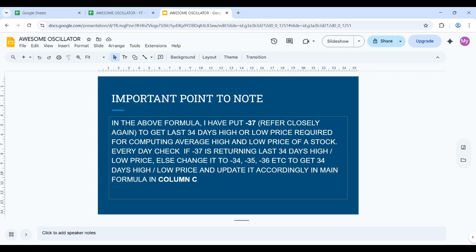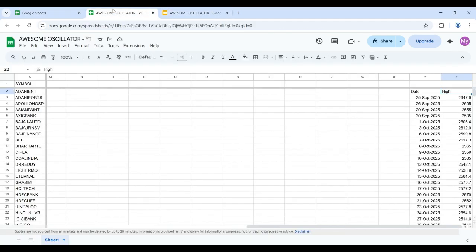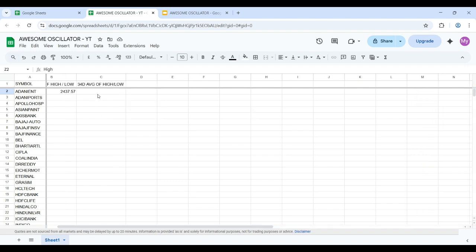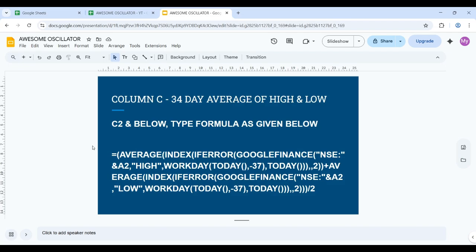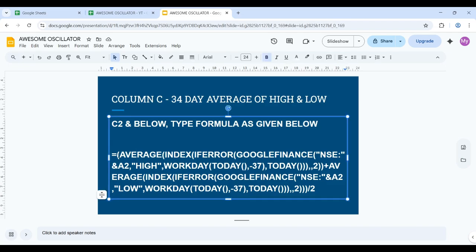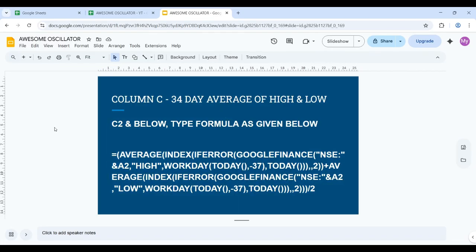Okay, to get the 34 days high or low price and update it accordingly in the main formula in column C. So here, this is the main formula I'm going to write in column C and copy paste. Here also for high I have put -37, and for low also I have put -37.